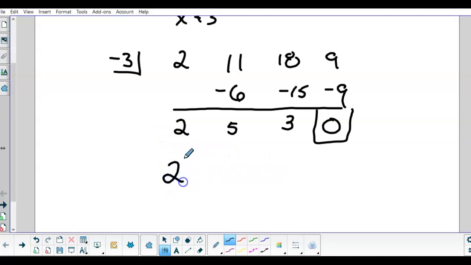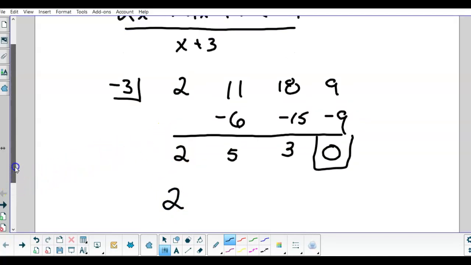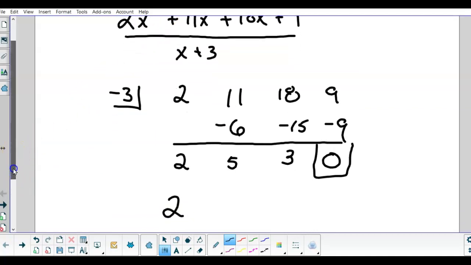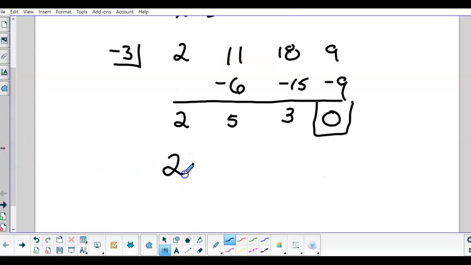So 2 is going to be my leading coefficient. Now instead of being at x to the third, it's going to be 2x squared plus 5x plus 3. That's equal to 0.